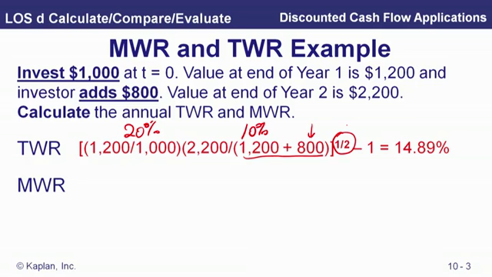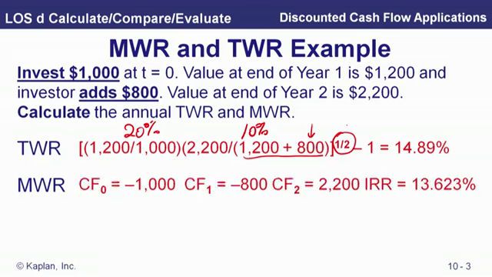Now, what about the money-weighted rate of return? Well, remember, we're going to use those cash flows and solve this as an IRR type problem. So our first cash flow, we say we pay it into the account, so we'll say out of our pocket into the account, that's minus 1,000. Then what happens at the end of 1 year? Well, we added 800 to the account, so another 800 out of our pocket or the corporation's pocket and into the investment account.